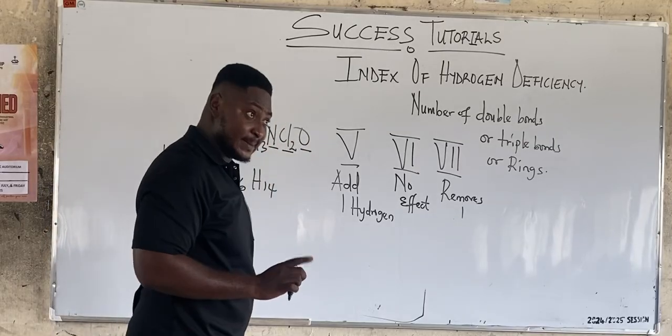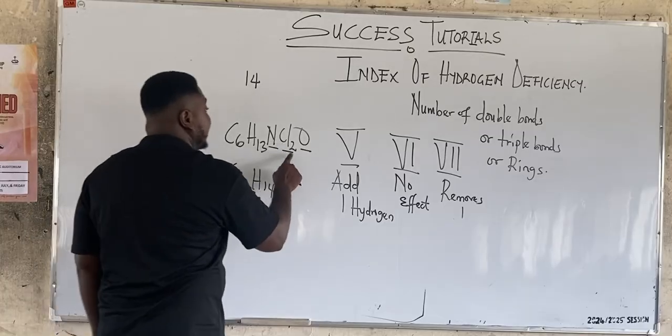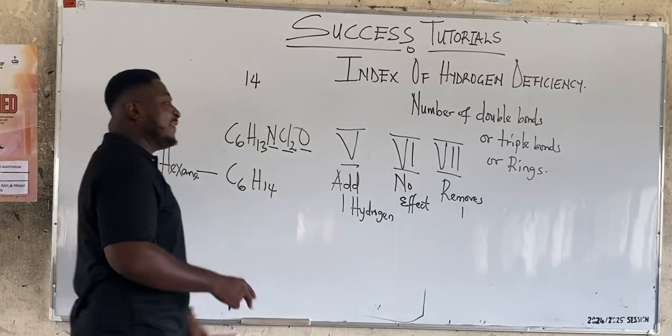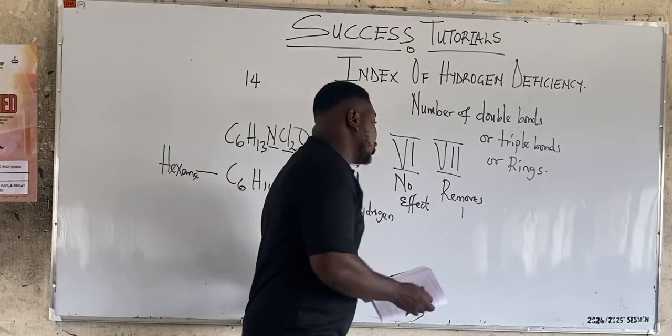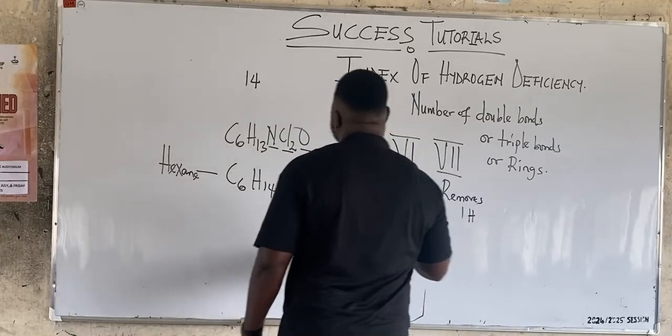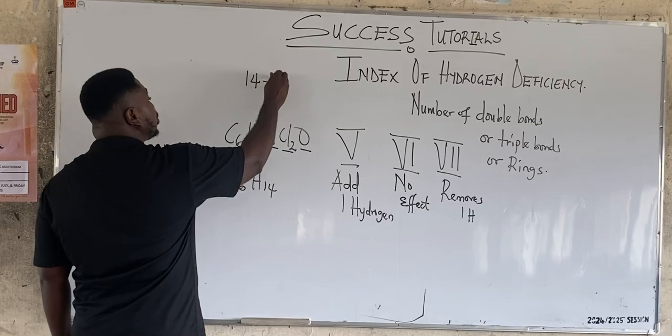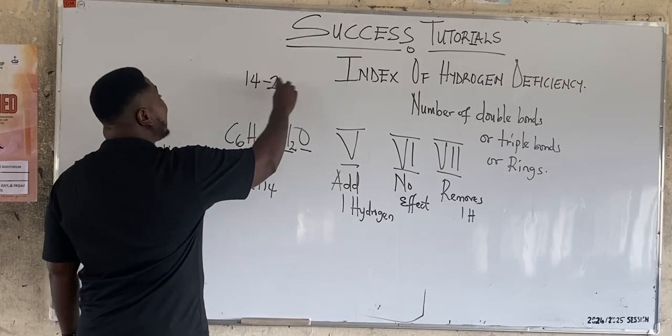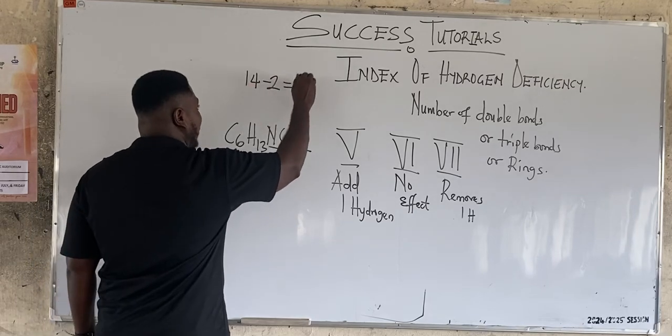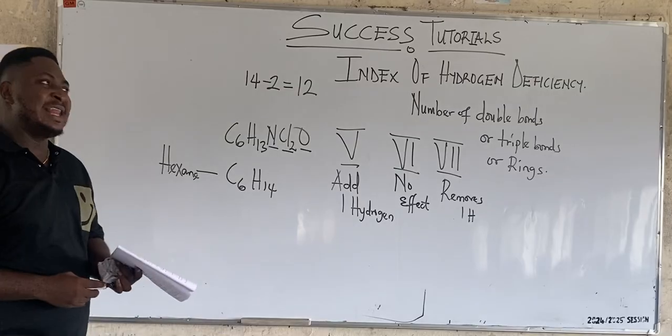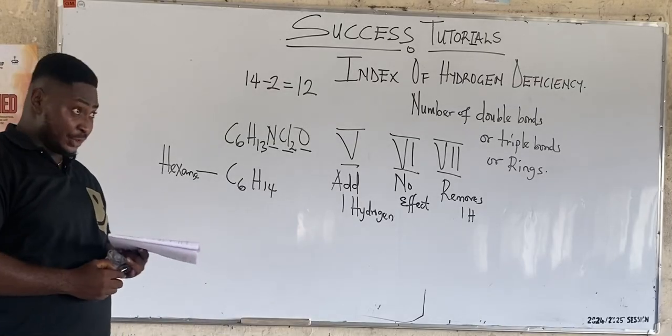But chlorine is a group 7 element. A group 7 element usually removes 1 hydrogen. But class, we have 2 group 7 elements here, so therefore 2 hydrogens will be removed. So after the whole operation, how many hydrogens are left? 12. Total number of hydrogens left is 12 after the whole exercise is done.